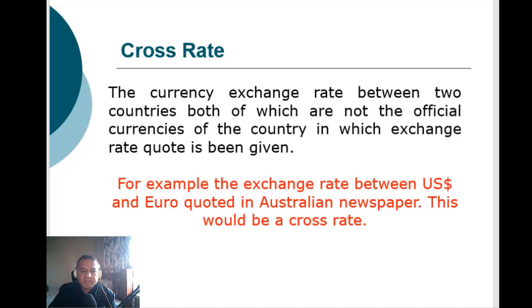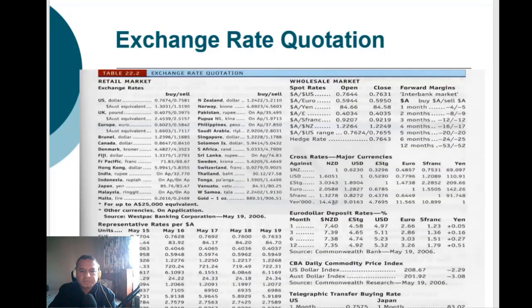And we can get the exchange rate quotation through this way. So this is the exchange rate quotation from an Australian newspaper. You can look at in here in the retail market, the exchange rate has been given. In the wholesale market, the spot rate has been given, forward margin has been given, cross rate of the major currency, you can see the cross rate between this has been given.